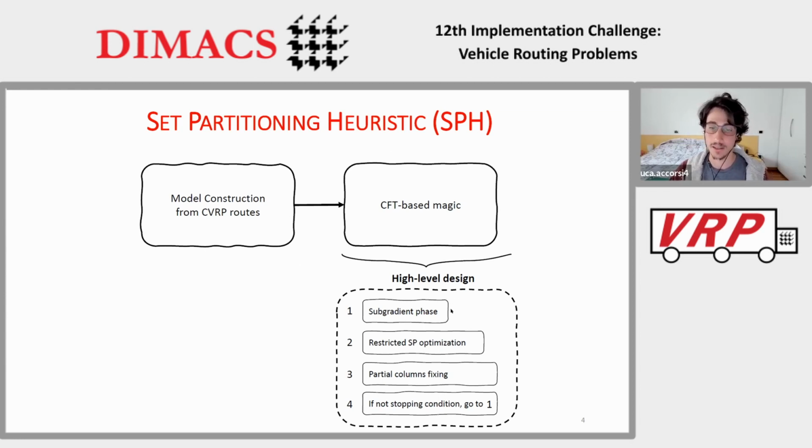Particularly, we have a subgradient phase, which selects a set of what we consider to be the most promising routes and defines what we call a subinstance. This subinstance is then optimized by using a MIP solver. Some of these columns are fixed into the solution, and the process is repeated for a certain number of iterations, or for a certain time limit.